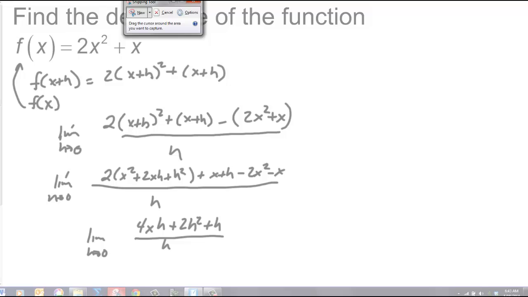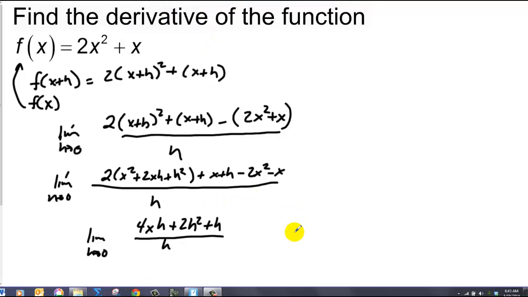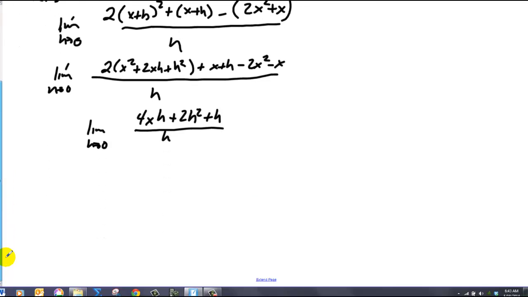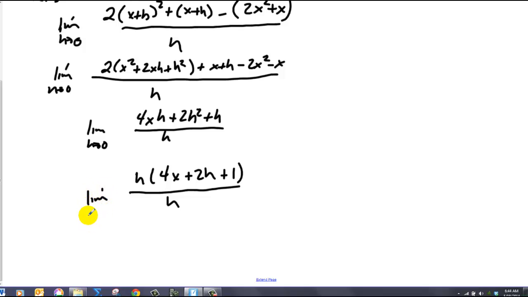So now I see I can take and factor. So let's go ahead and do that. I can pull an h out of the numerator and have h times 4x plus 2h plus 1 over h, taking the limit as h goes to 0.